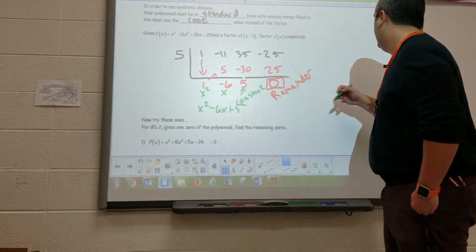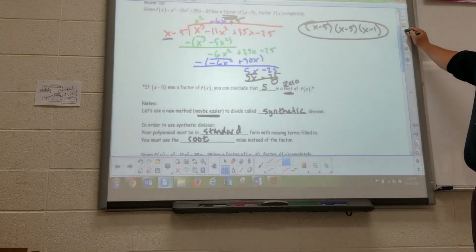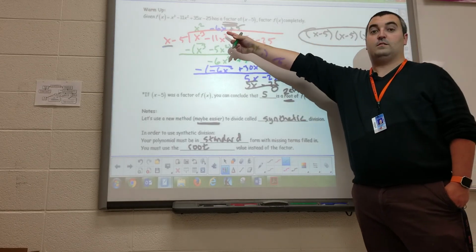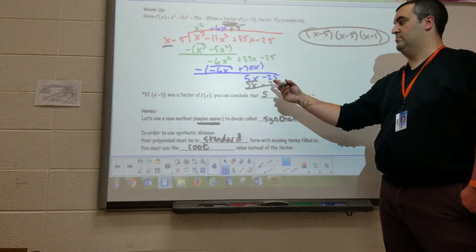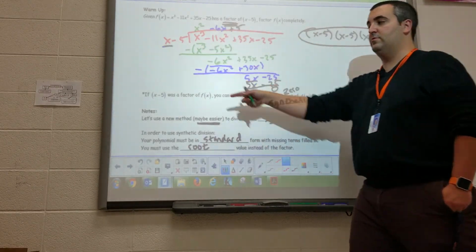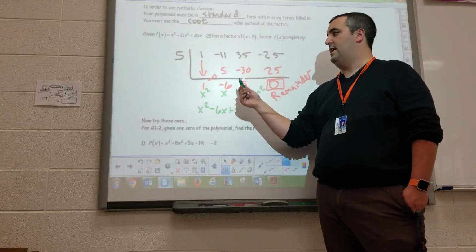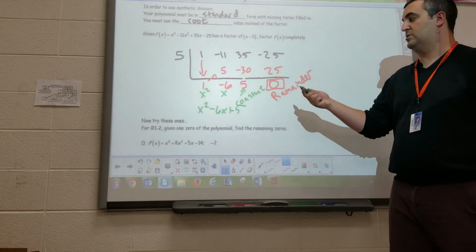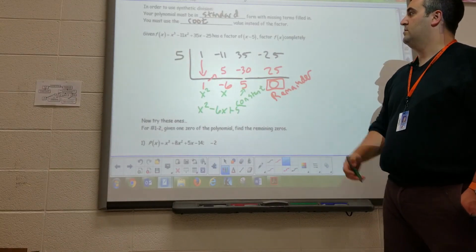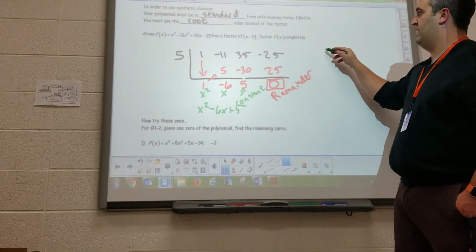Okay? And hey, that's the exact same thing we ended up with when we did long division. You could see this took a lot more room than this did. Okay? And some of you might find this much quicker and easier. So we'd still finish the problem though. We have to factor it completely.